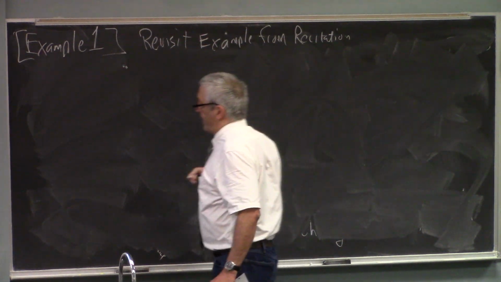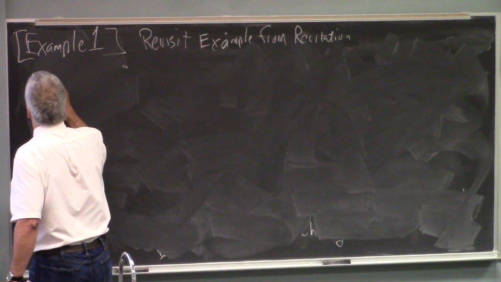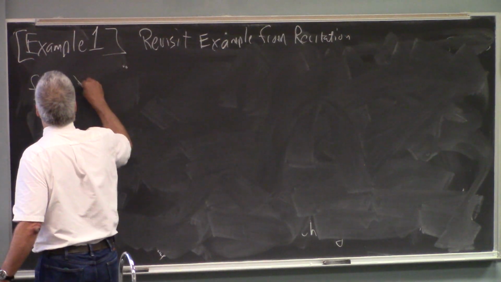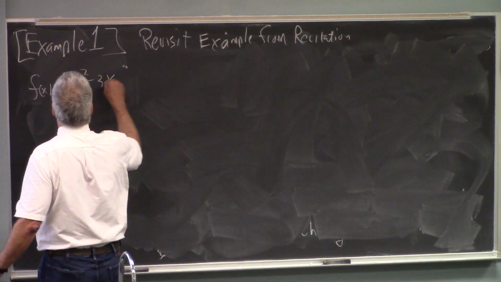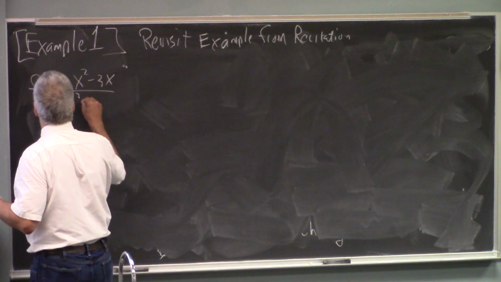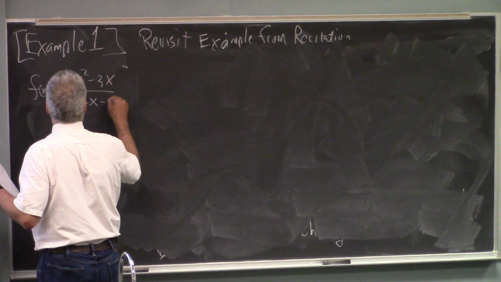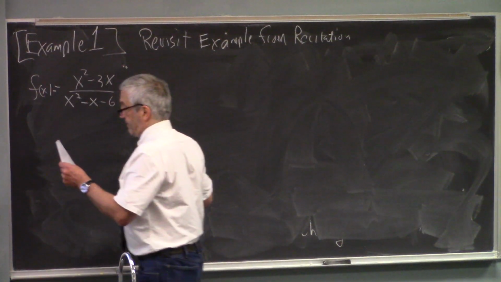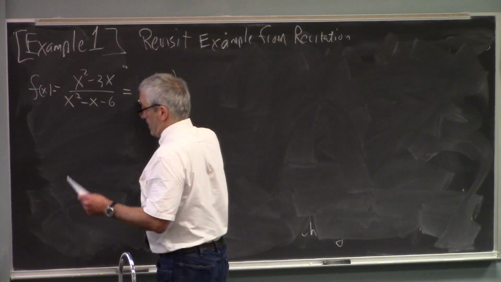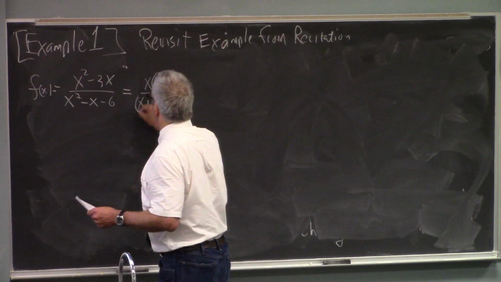which was f of x equals x squared minus 3x over the quantity x squared minus x minus 6, and this factored as x minus 3 over x plus 1.